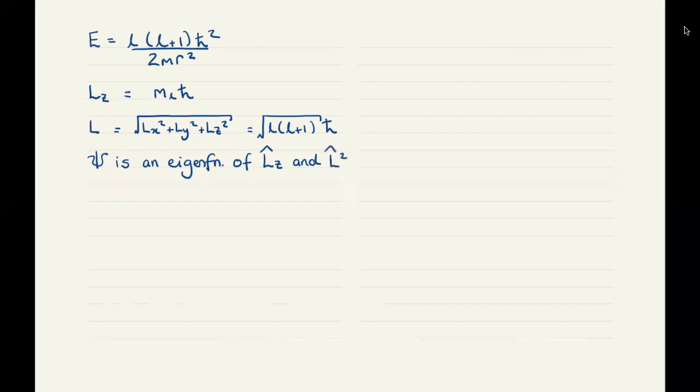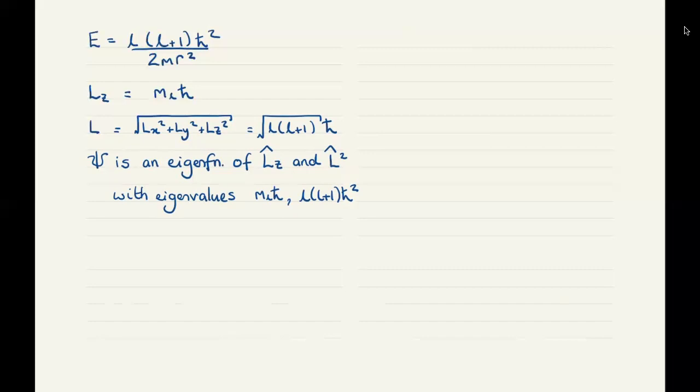And it's conventional to talk about it being an eigenfunction of the square of the total angular momentum operator, with eigenvalues m sub L h bar, as we already wrote down, and L(L+1) h bar squared. Okay, so that's the particle on a sphere.